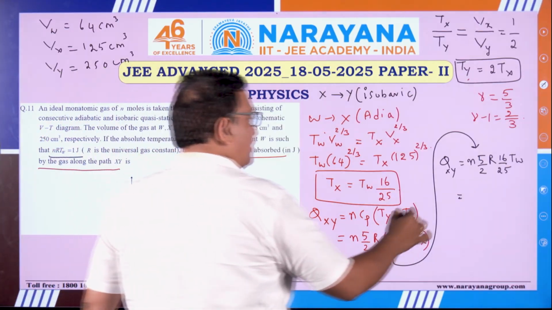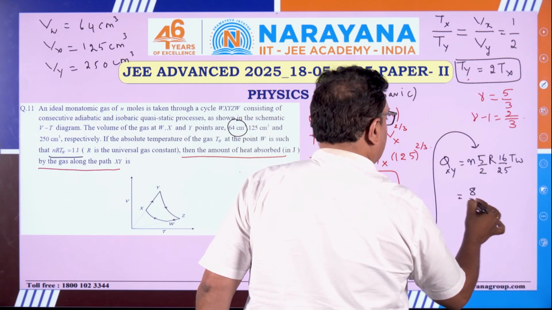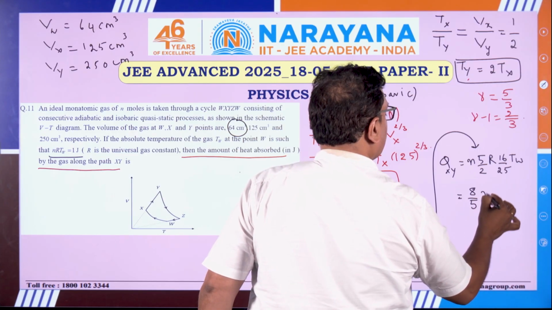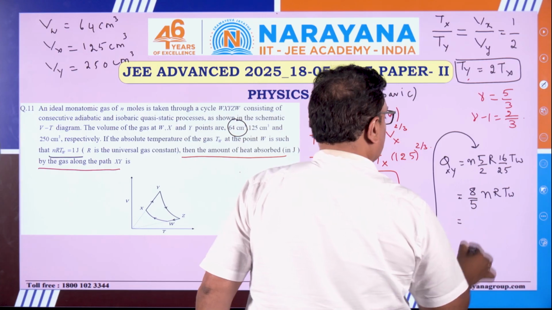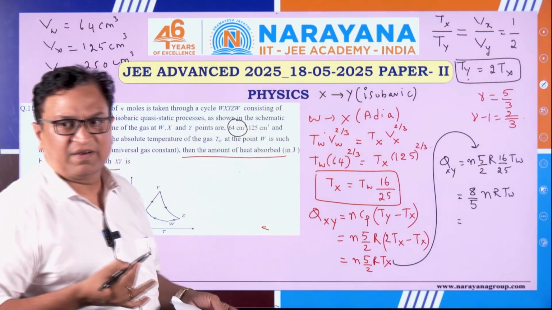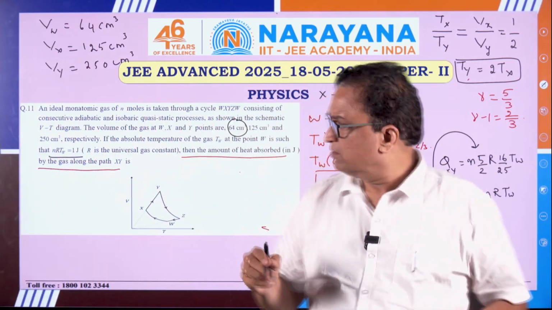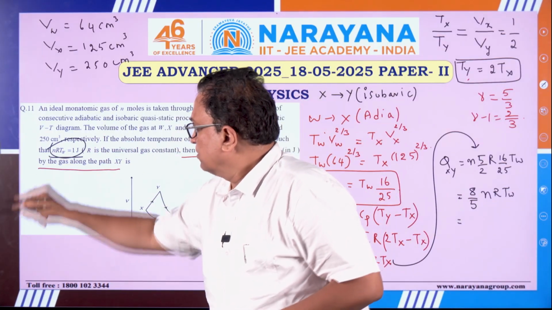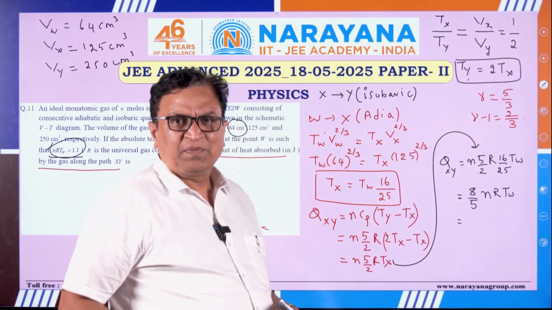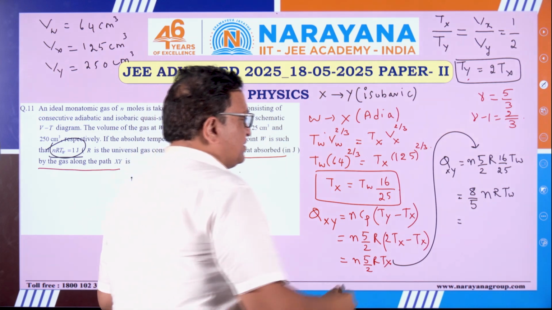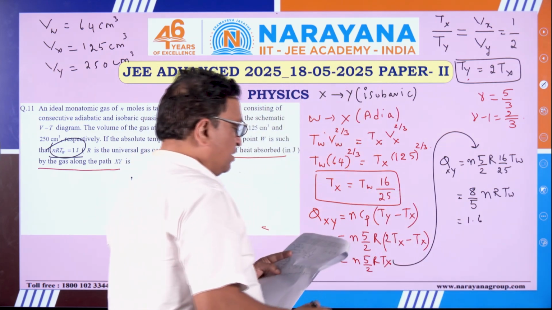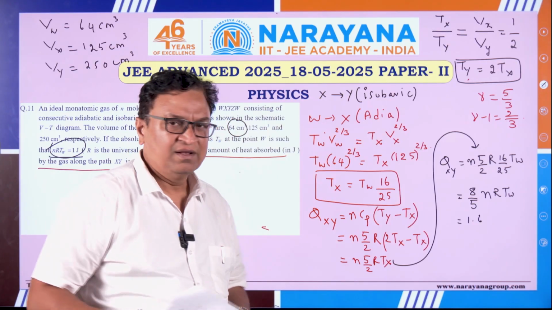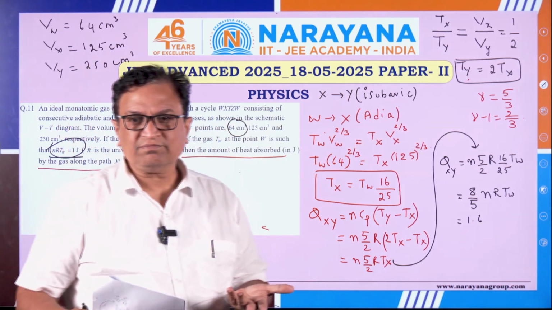You have 8 by 5 times n R Tw. n R Tw is given as 1 in the data. You can see that. So, I'll substitute 1 joule, and finally this will be 8 by 5, 1.6 is going to be the answer for this. 1.6 joule. A very good question.